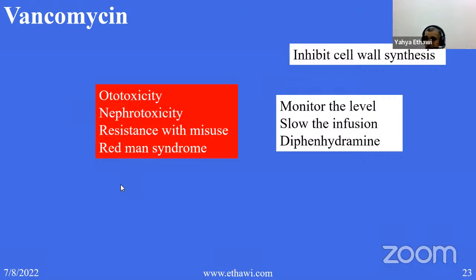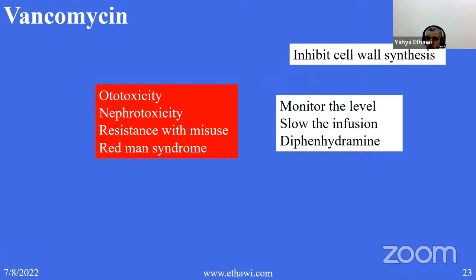Vancomycin is a very important antibiotic. It is a specific target antibiotic that inhibits cell wall synthesis, but it causes ototoxicity, nephrotoxicity, resistance with misuse, and can cause red man syndrome.